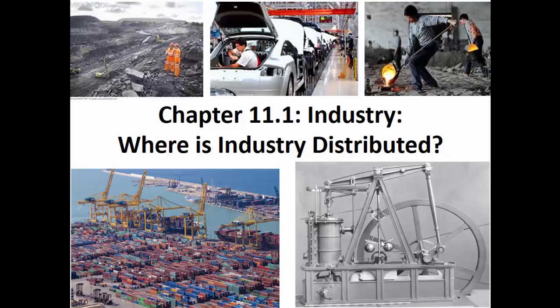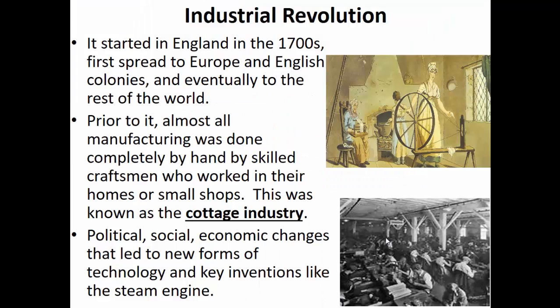And then, of course, when we talk about industrialization, we're talking about the switch from human power to machine power. This is some of the earliest machines that were used for spinning thread. That is going to lead to the Industrial Revolution. Okay, let's get started. What is the Industrial Revolution? Well, it's a term we use to describe something that started in England in the 1700s. It first spread to Europe, and then the rest of the English colonies, and eventually to the rest of the world.